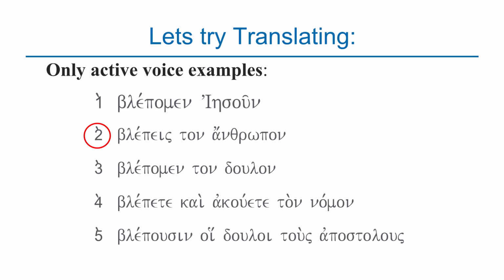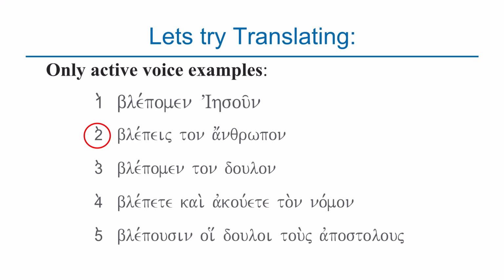And the second person singular is translated as you are. So in this case, you're talking about seeing, because blepo means see. So blepeis means you are seeing.